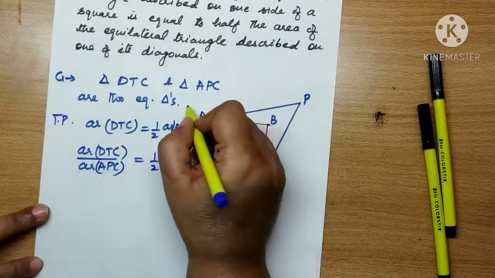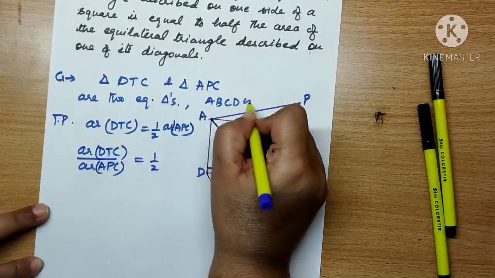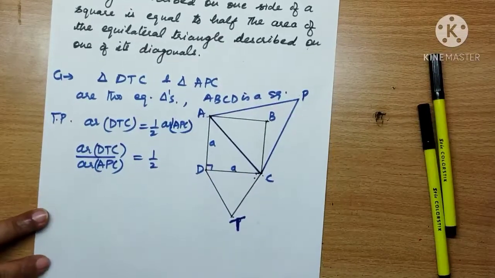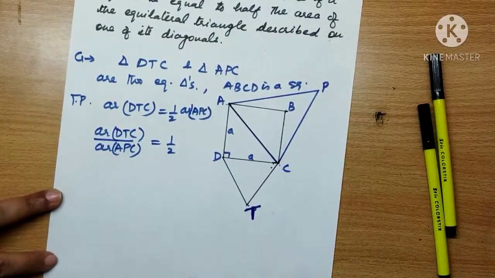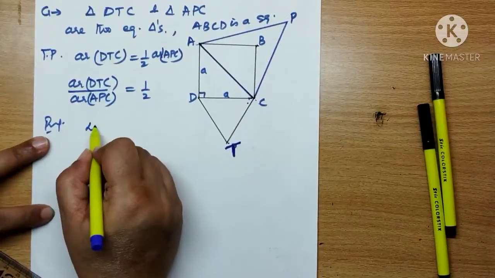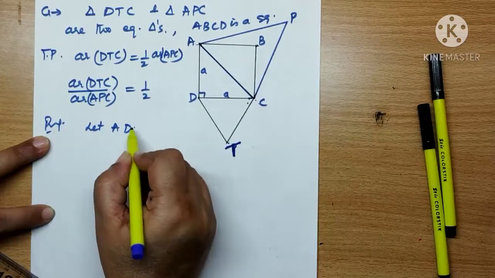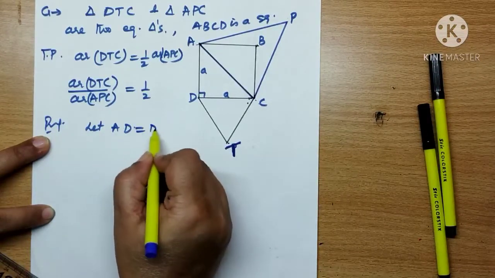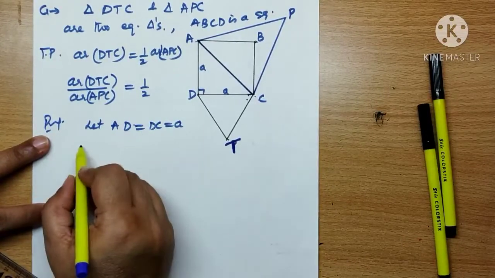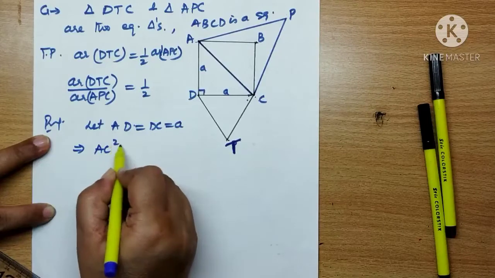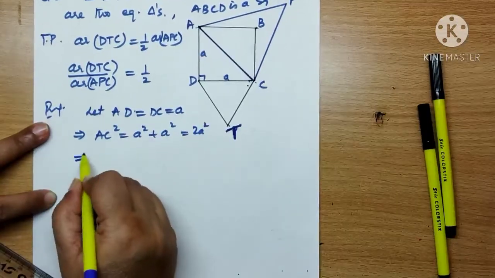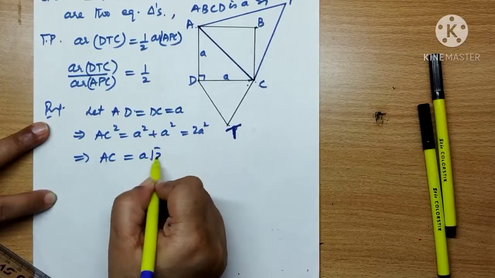ABCD is a square. Let the side of the square be a, so AD equals DC equals a. Now ABCD is a square, so AC square is a square plus a square, which is 2a square. So I got AC as a root 2.